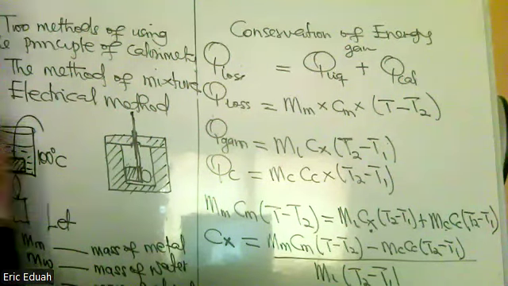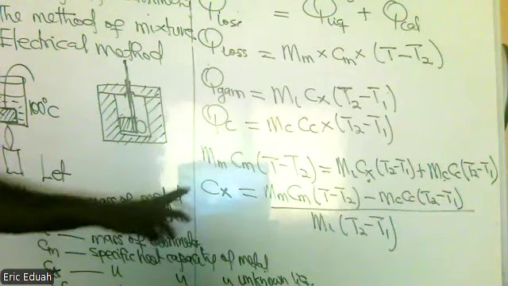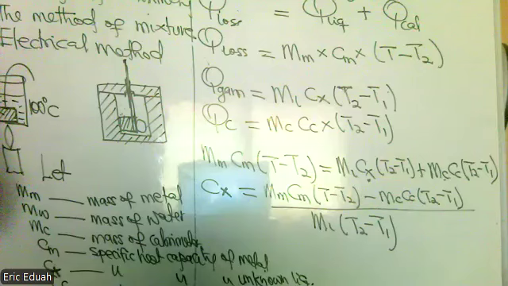So this is how we can use the principle of calorimetry to determine the specific heat capacity of an unknown liquid, Cx.